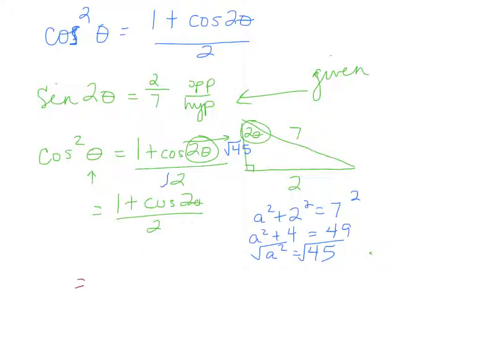Okay, so I'm going to go through with my formula. 1 plus the cosine of 2 theta, which is the adjacent over the hypotenuse, all over 2. It looks gross. We're going to go step by step. I want to combine those two in the numerator. My denominator is 7, so I make that 7 over 7.